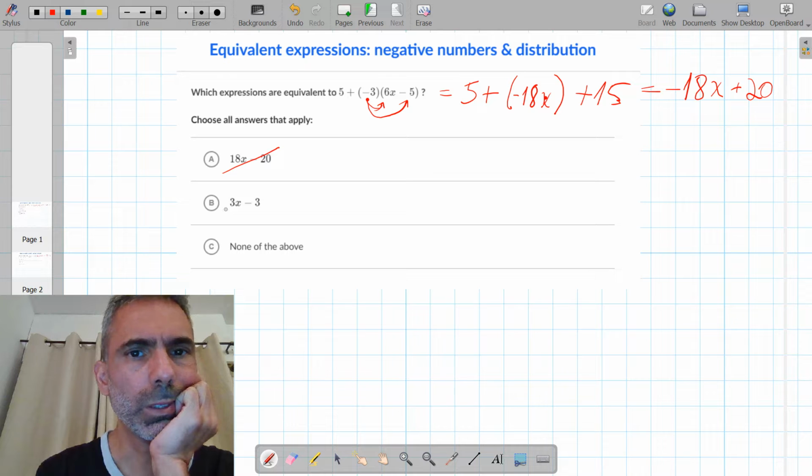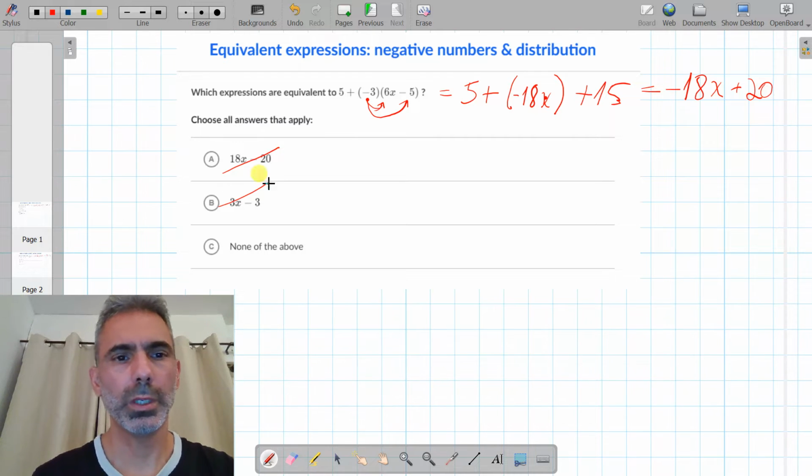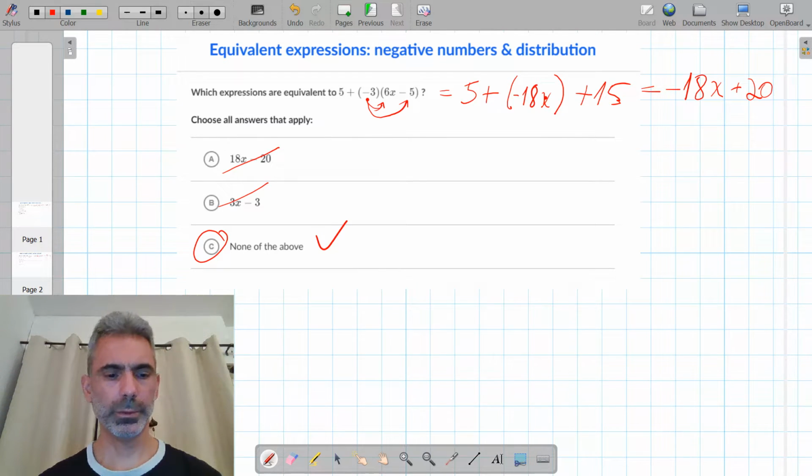Maybe if you subtract 5 from 5, this eliminates. Okay, so no, this is definitely not the correct answer, so none of the above.